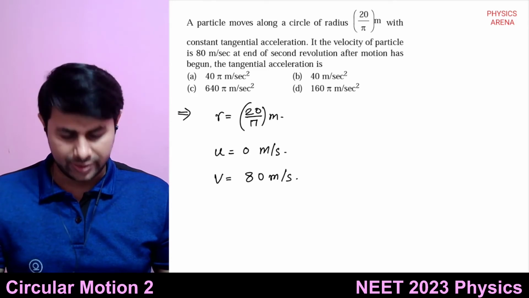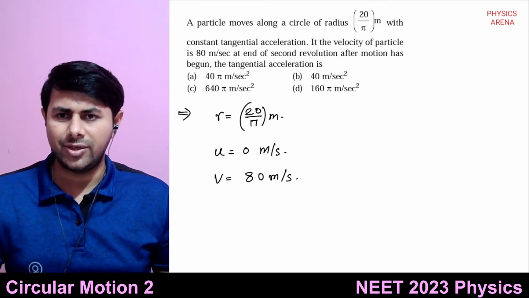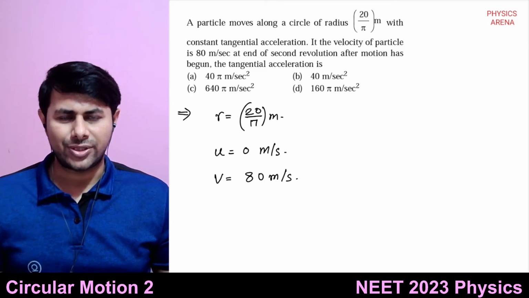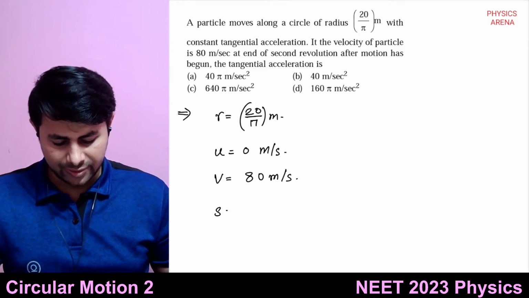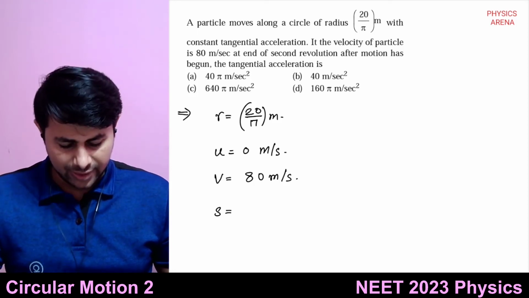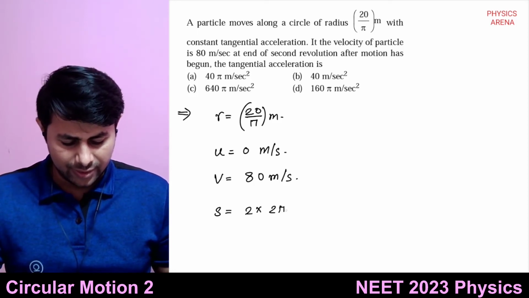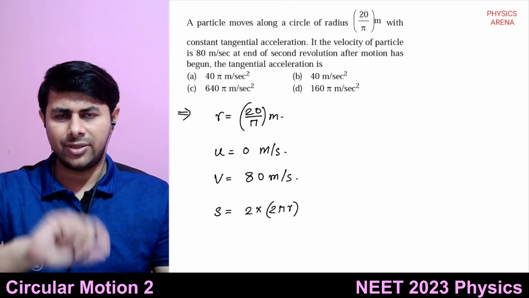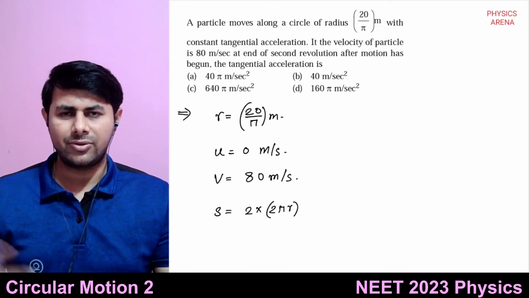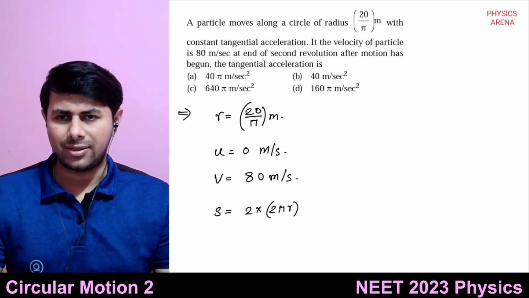That means another thing is given: 2 revolutions. So the total distance covered, s, is given. S is equal to 2 multiplied by 2 pi r. Distance covered in one revolution is 2 pi r, and in two revolutions, 2 times 2 pi r.